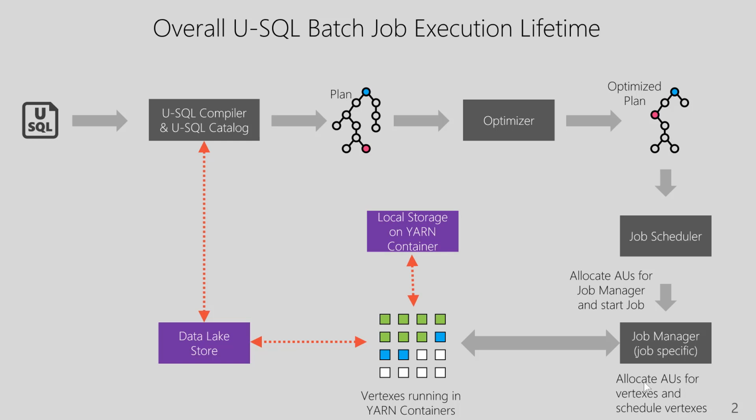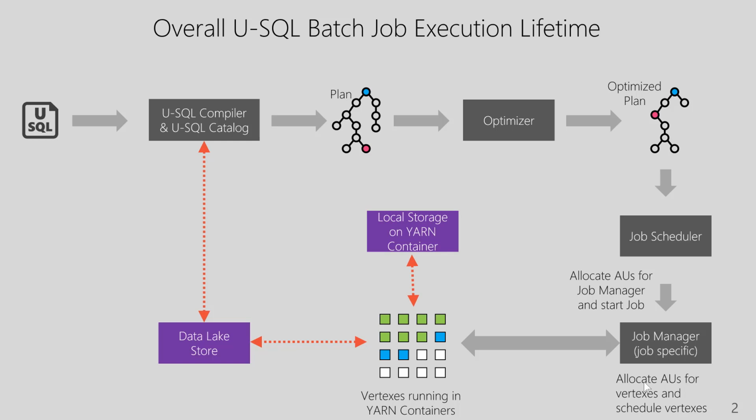Finally, when the job is done, the final outputs are then sent in parallel to Data Lake Store, and then the outputs are assembled. And when we assemble the outputs, that's actually called the finalization phase, which you can see in the Visual Studio and the portal UI when you look at the job graph execution.